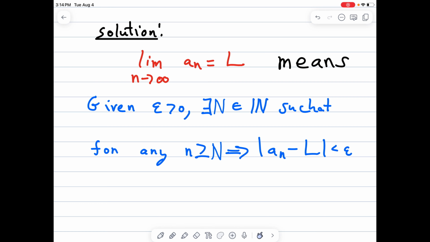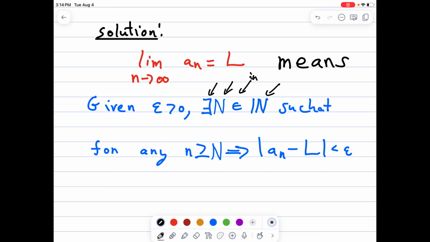So let me explain a couple of things about my notation here. This backwards E means there exists, it stands for those words. That there exists a number, capital N. That little symbol that you see there stands for the word in, and this right here stands for the natural numbers.